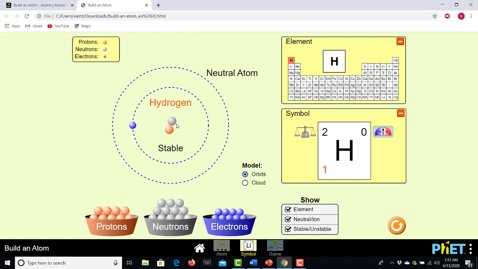The natural abundance of deuterium is 0.015%. Very, very small. And to put that in another perspective, for every 6,666 atoms of hydrogen that you find in nature, only one of them will be a deuterium atom.